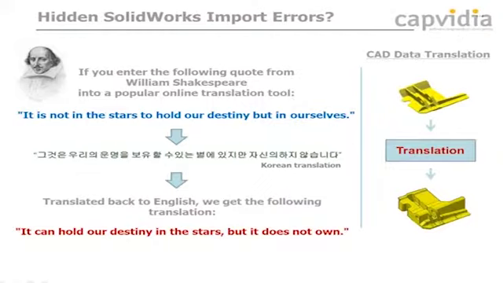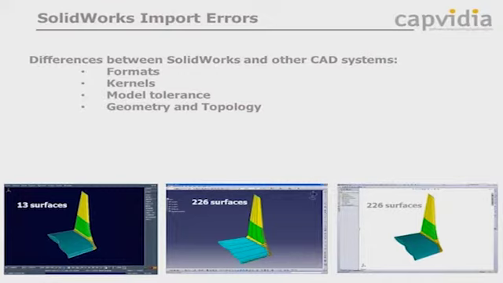It now says, "It can hold our destiny in the stars, but it does not own." Well, the same thing is true in CAD translation. Sometimes you do a translation of a CAD model, and through the translation process, on the other side you get something quite different. This is where we're going to focus: how we can detect and find these kinds of errors when we're using SolidWorks.